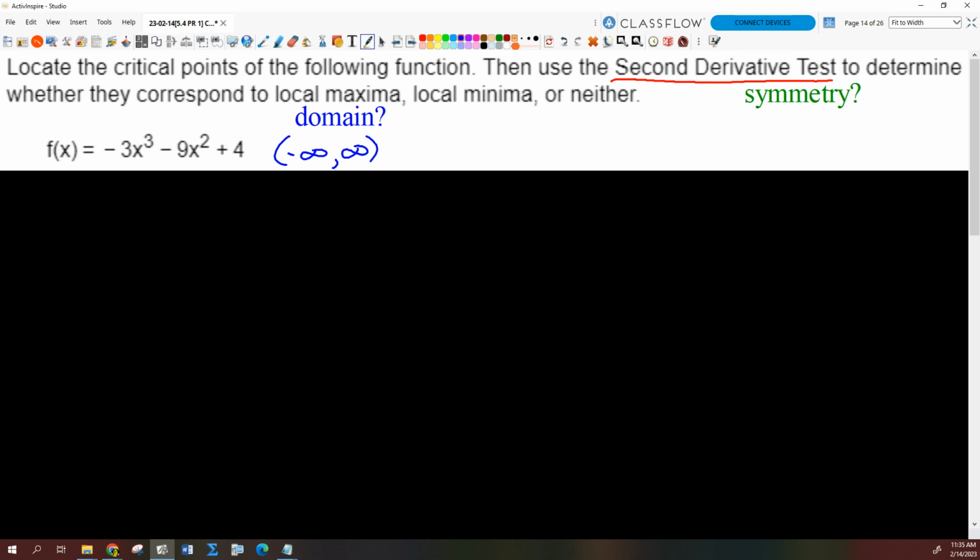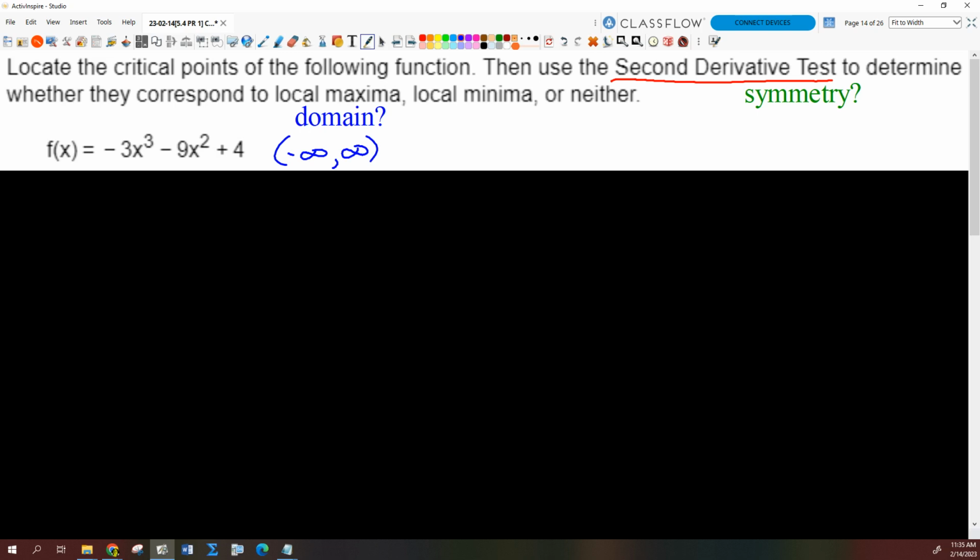How do you know it does not have even symmetry? We don't have to go through the whole fancy test for symmetry, right? The test for even symmetry is f of negative x equals f of x, and if that's true, then it's got even symmetry.